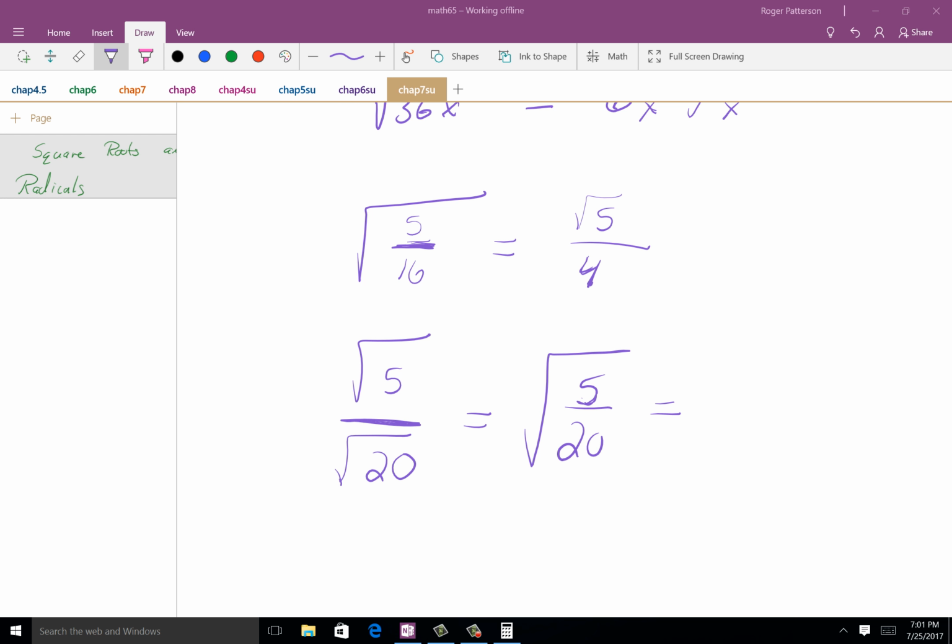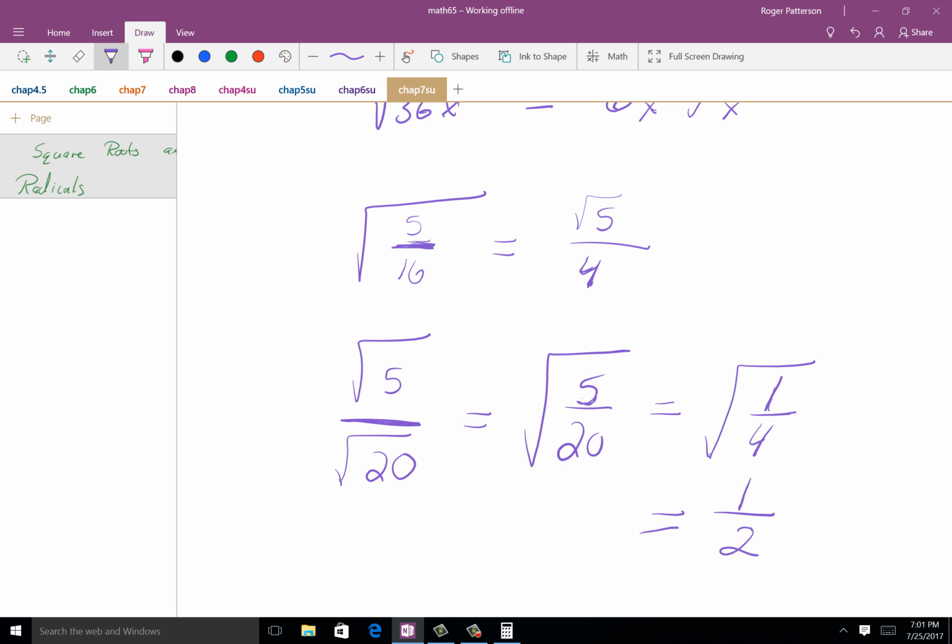Then I can reduce that fraction. What's 5 over 20 equal to as a reduced, simplified fraction? 1 over 4. Now, what's the square root of 1? What's the square root of 4? That's how you would handle that. So it's sometimes easier to take this type of problem, write it like this, reduce the fraction, and then take the square root.